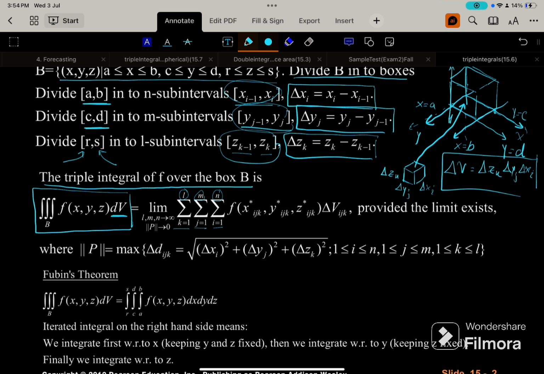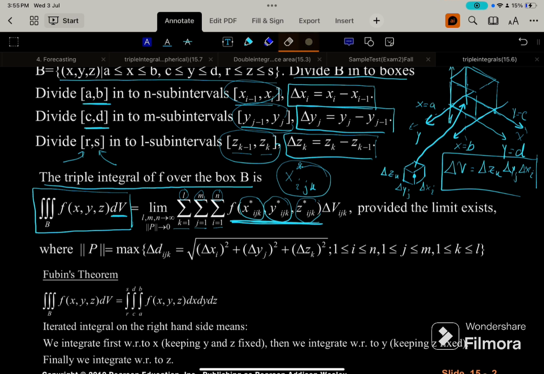And so we have this function here, which is basically the definition, and we're gonna substitute in the point x star ijk, so these are specific values for i, j, k, and there is also the value of y at that box, and the value of z at that box, because we are talking in 3D. So for each one of these we're gonna have specific coordinates in x, y, and z.